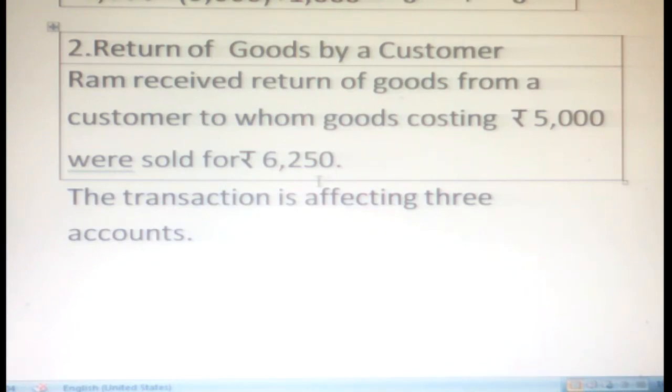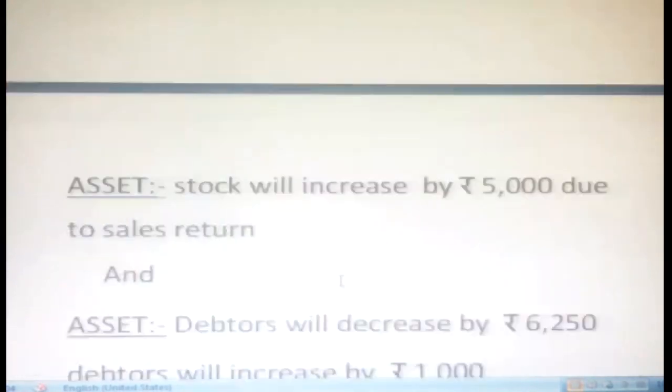Keep in your mind how much we sold and what the cost of the goods is. 5,000 is the cost of the goods. We sold for 6,250. Naturally here three accounts are affected. As stock, naturally we get back our stock, so stock will increase by 5,000 due to sales return.